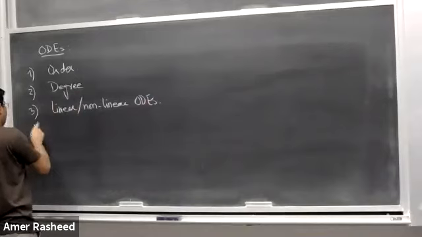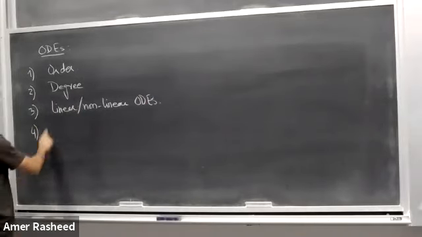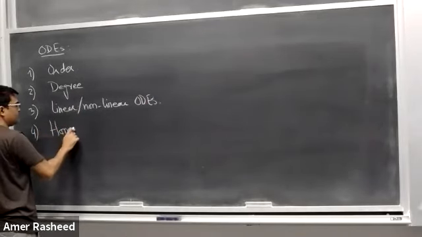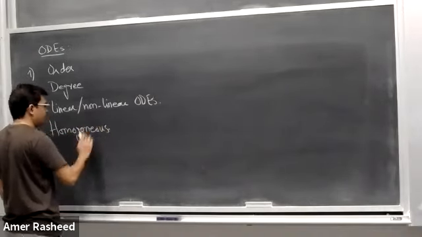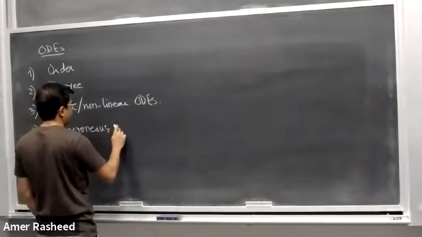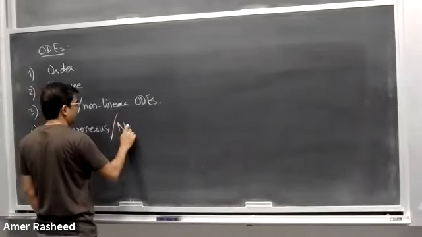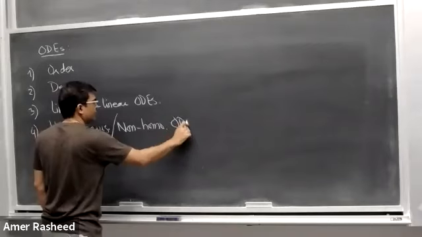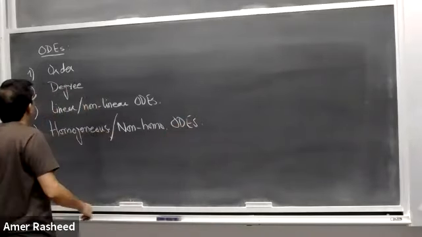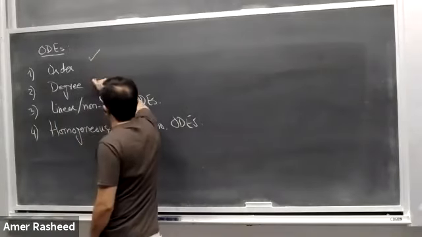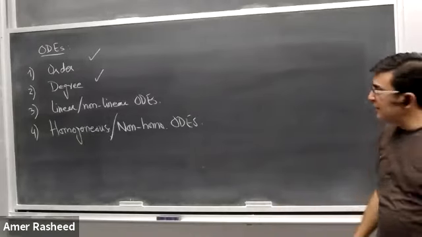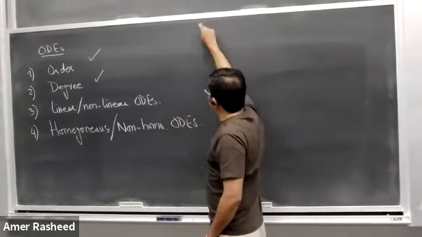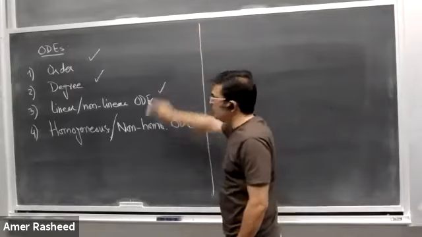And another one, homogeneous versus non-homogeneous ODEs. Okay. So these two we had discussed in the previous lecture, along with some other basic terminologies. Today we are going to discuss this one.